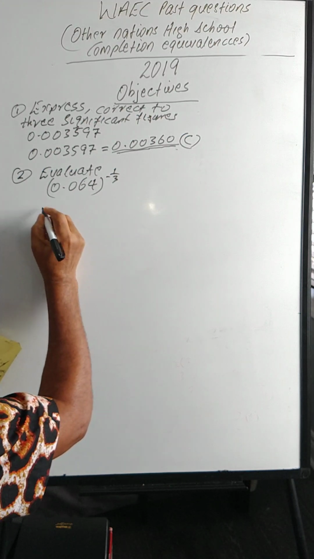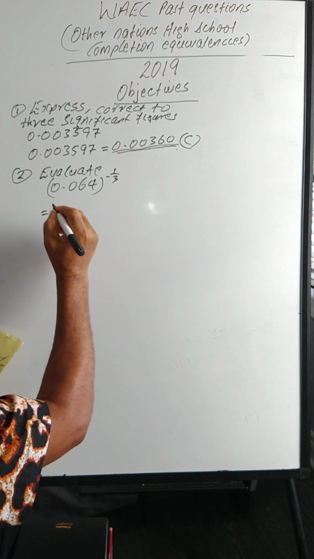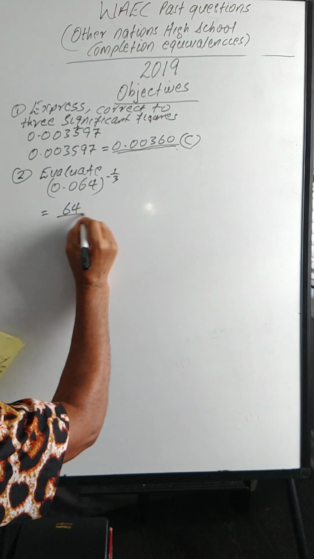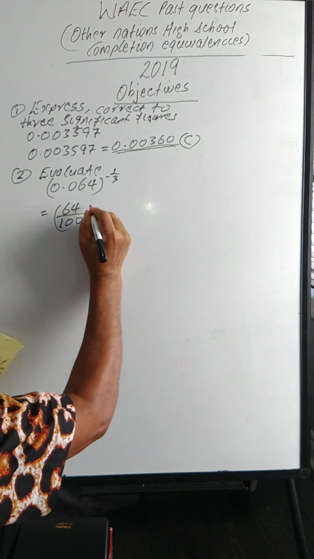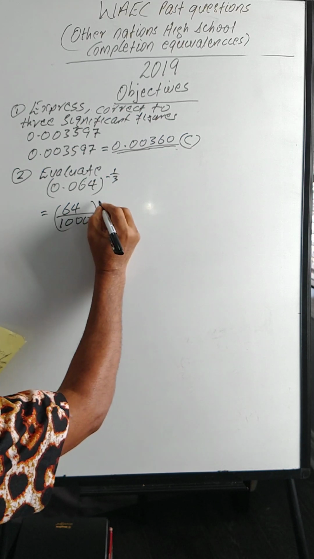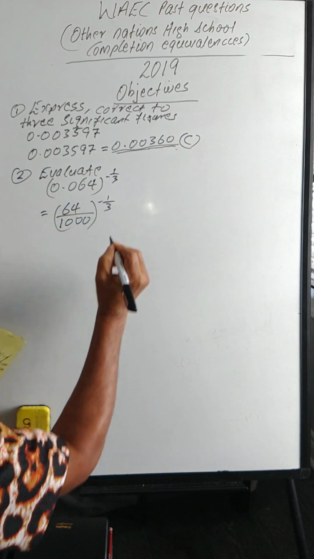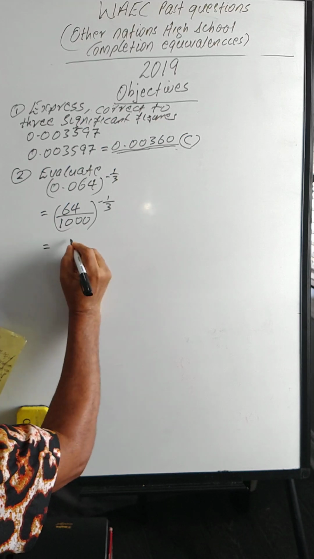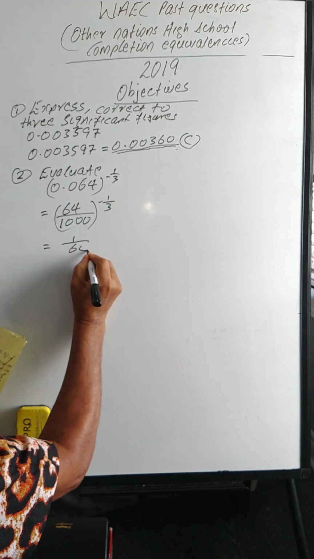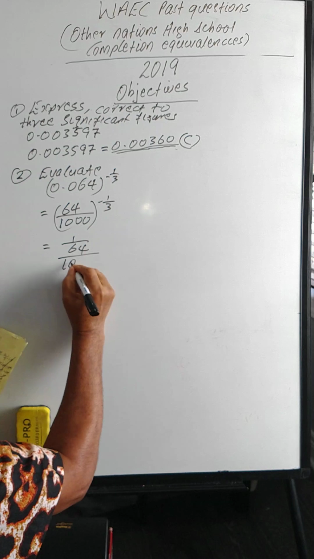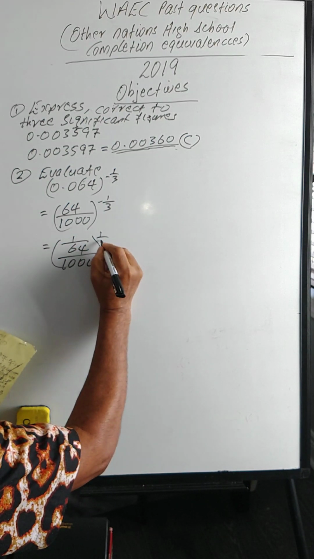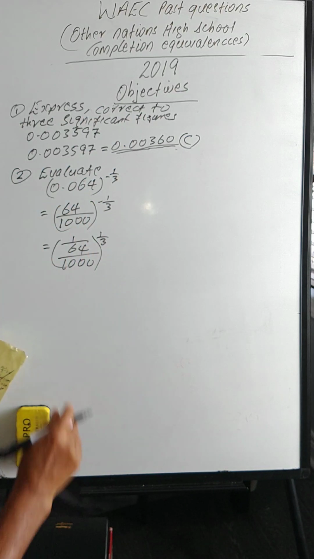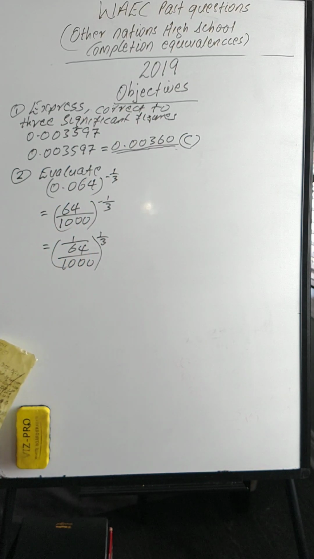In our solution, this will now be 64 over 1000, all raised to power minus 1/3. This is presenting as 1/64 over 1000 raised to power 1/3. The negative sign has disappeared by writing it this way according to indices.